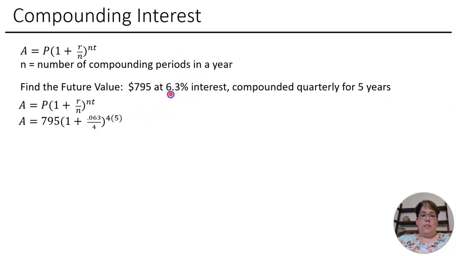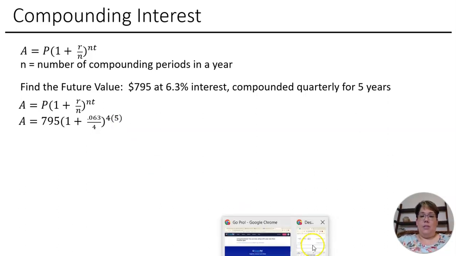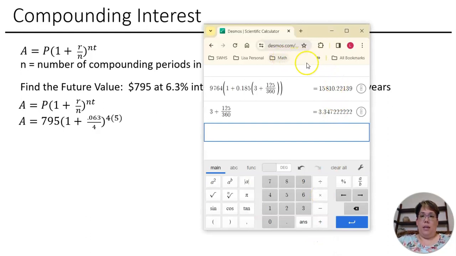So we have 6.3%, and then 4 comes from compounded quarterly. T is 5 years. We don't have any of that crazy number of days, so that makes it a little bit better. And now I'm going to show you again how I plugged that into the Desmos calculator.